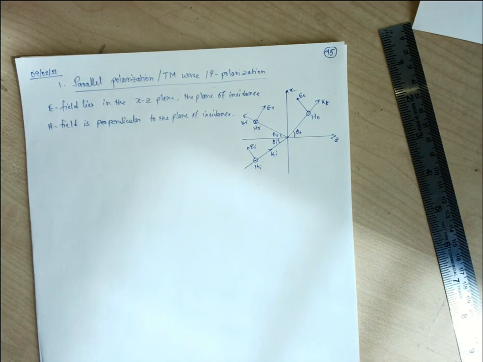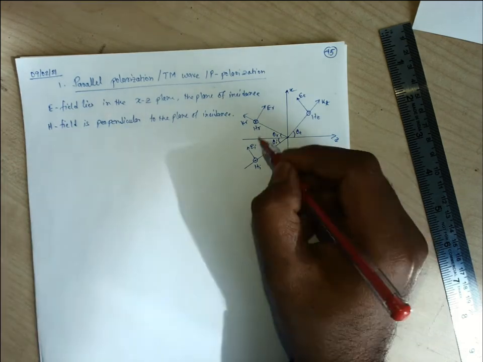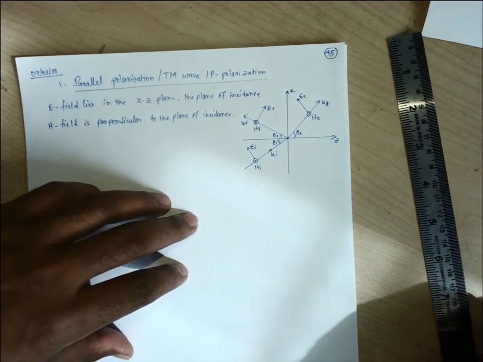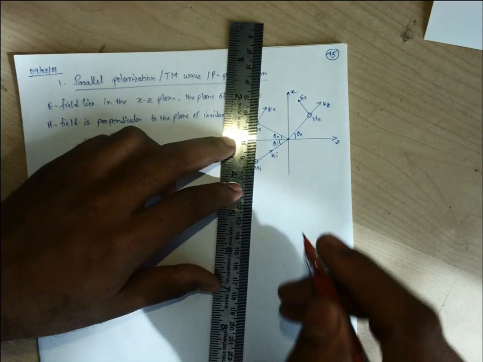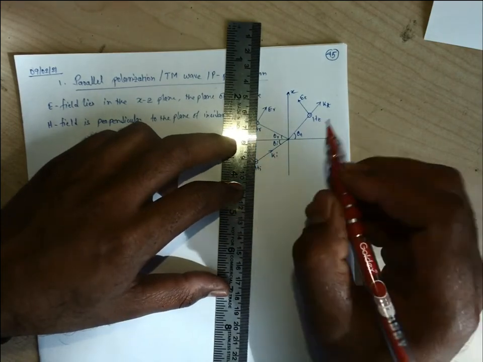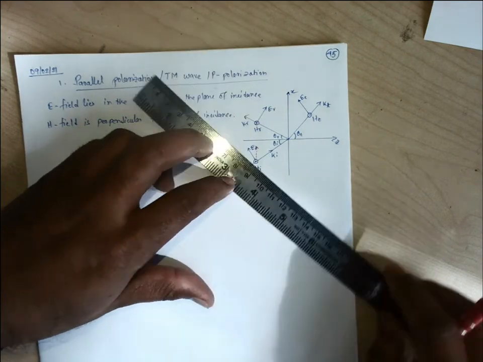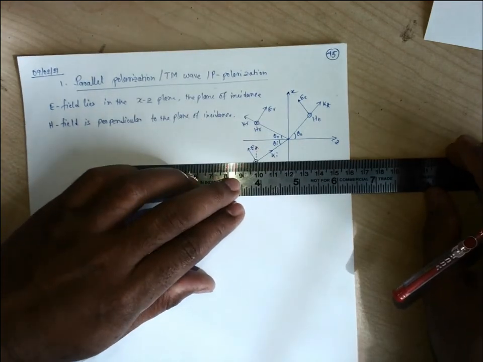So first of all we need to find the electric field in different directions. How can we find it? If you look, the electric field components may be along the x direction and along the z direction. We may have components along x direction, and along z direction.